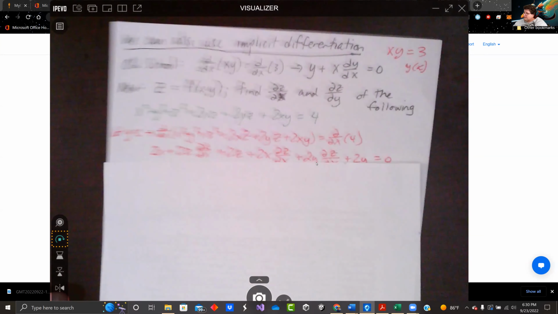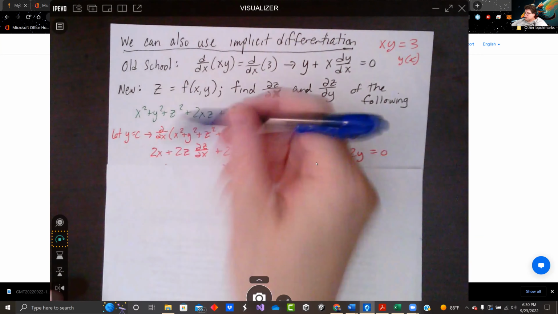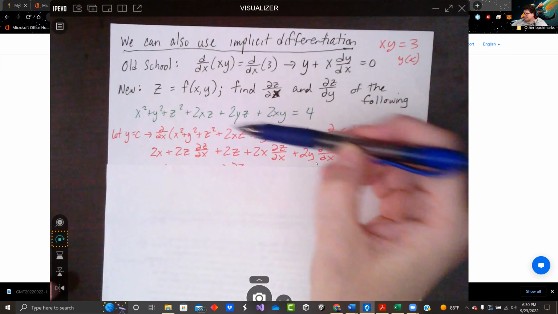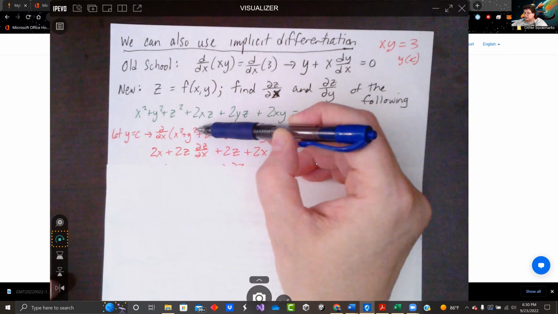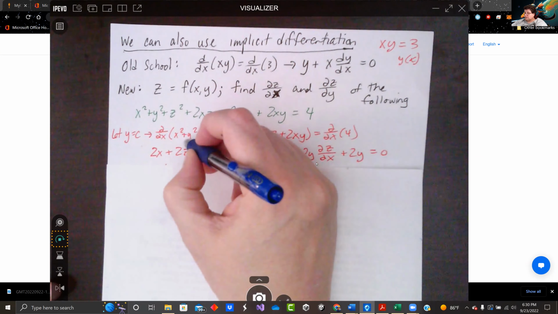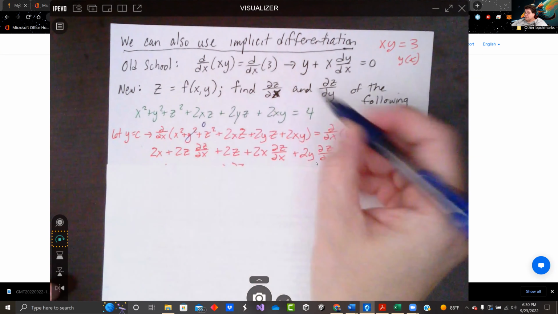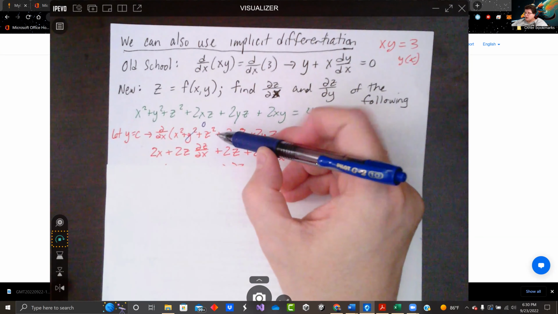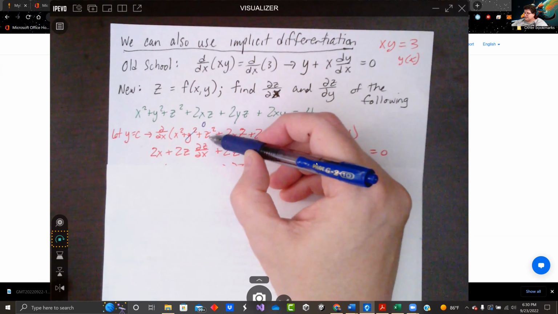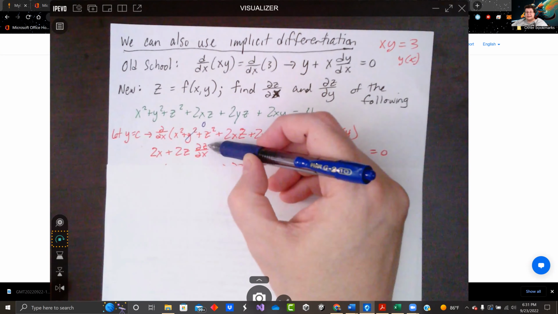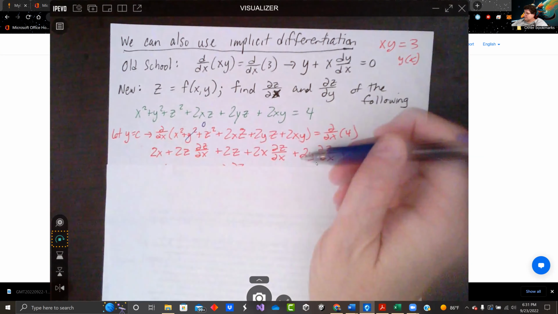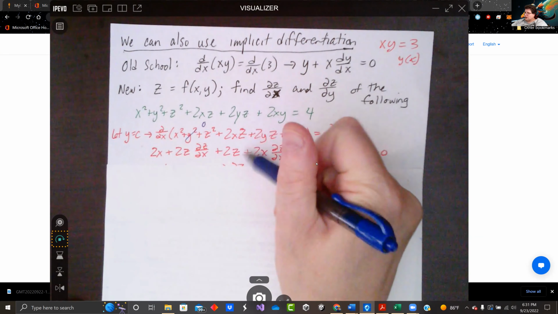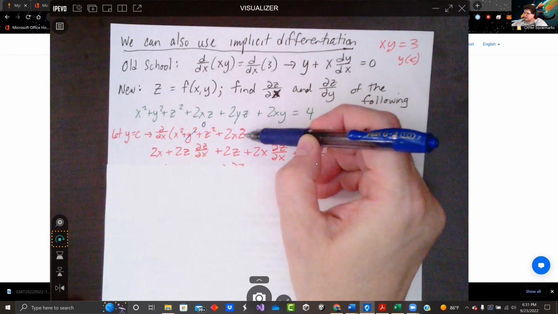So what happens here? Partial with respect to x of x squared is 2x. The partial with respect to y squared is 0. The partial derivative with respect to x of z squared, we take the derivative 2z and then the chain rule dz dx. Just like we have the chain rule up here. Then we continue to go along. This one is a product of x and z.